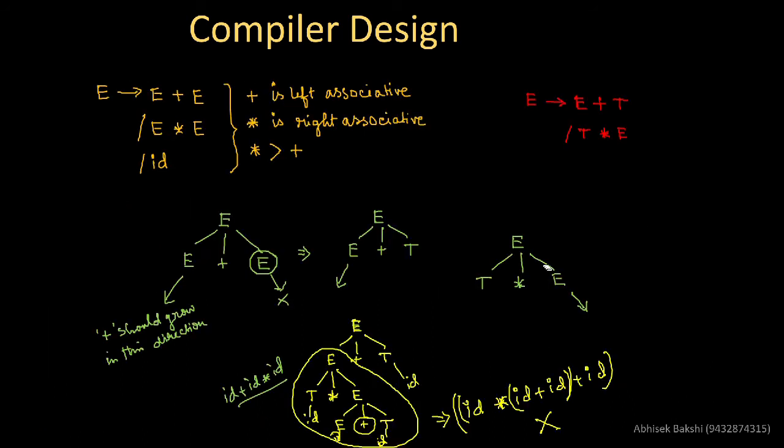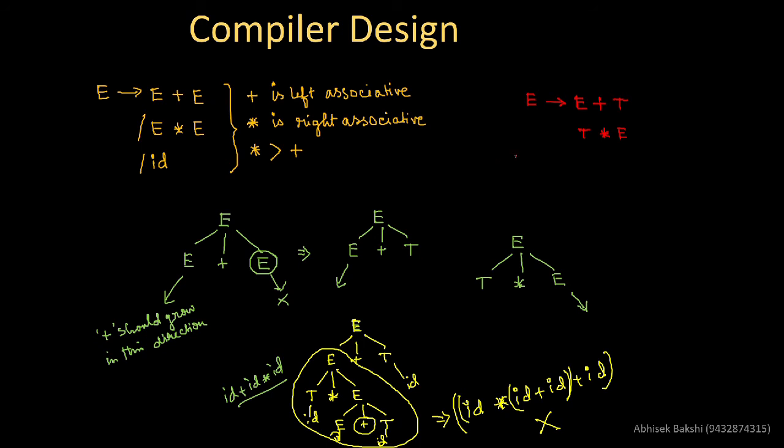So I can start E with this one, fine, but to remove this problem of precedence, I will have E to E plus T, that's fine. I will start from plus, and after plus I must have star. So from T on this side I must have a star at the higher level of that tree.